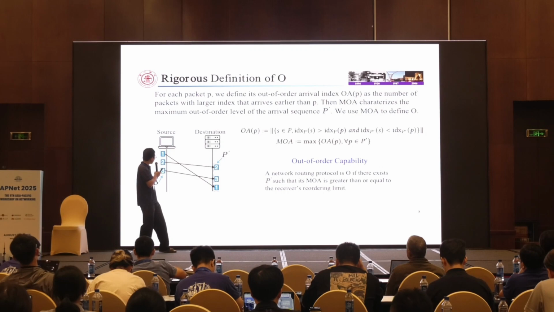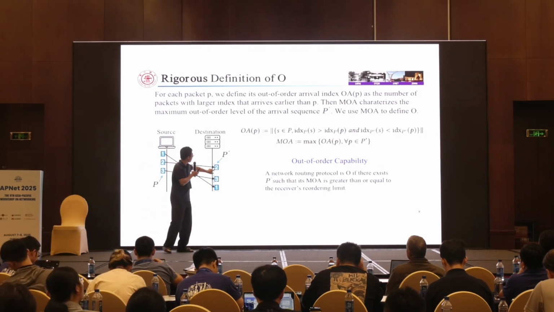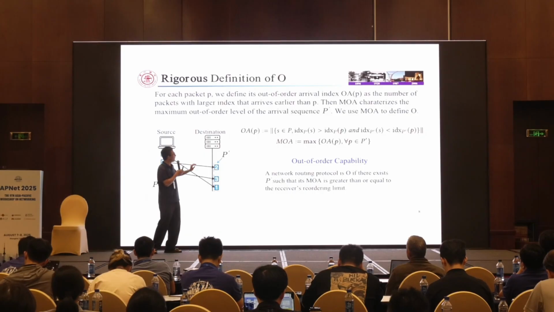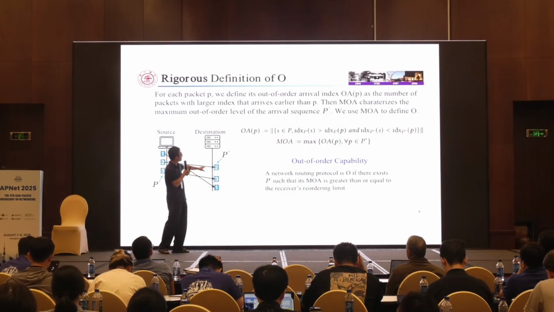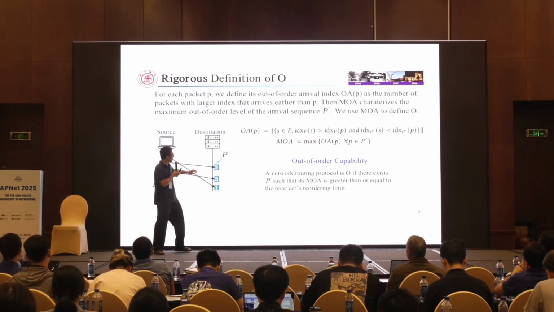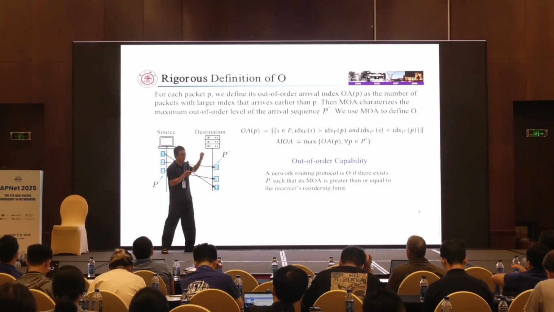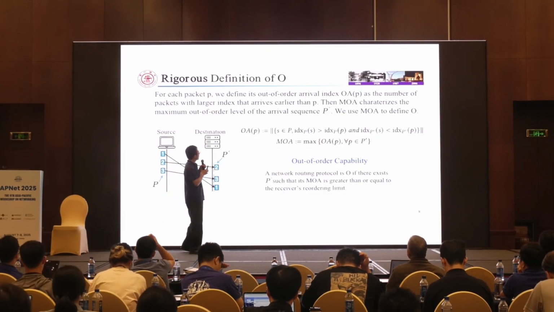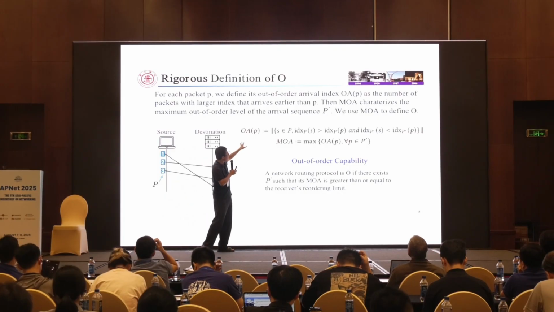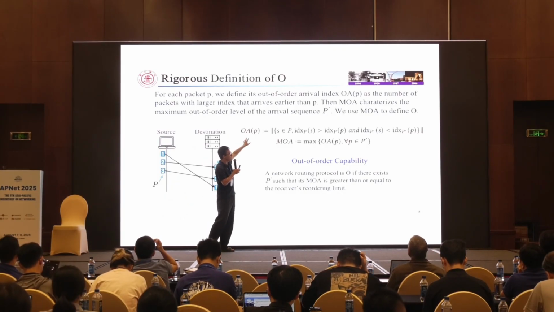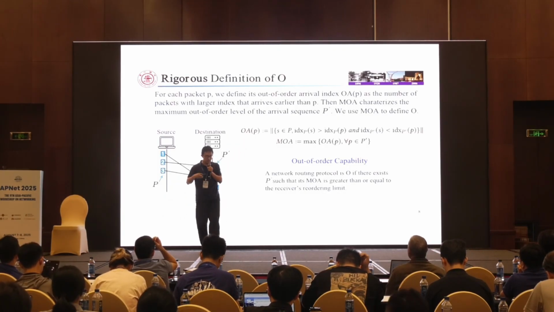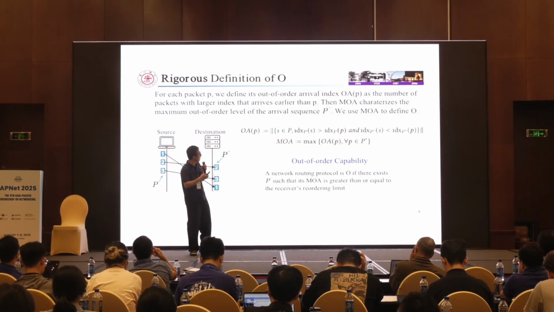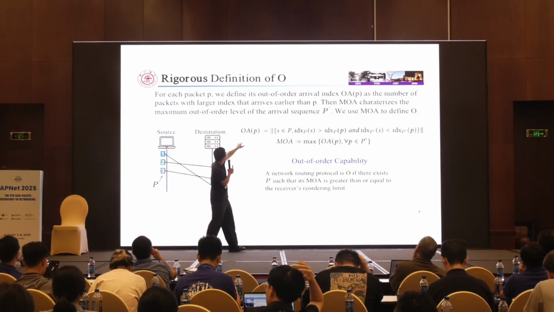For each packet, we can count the number of packets that have a larger index but arrive earlier than this packet. The out of order level of a packet captures the buffer requirement that is needed before receiving this packet.